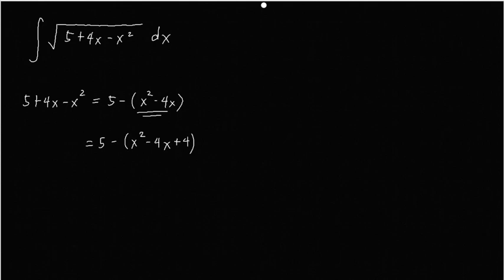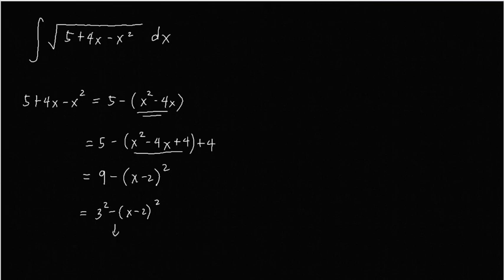So to counteract that, we add 4 to the entire system so the value stays the same. So 5 plus 4 is 9, and then this term inside the parenthesis is x minus 2 squared. This can be rewritten as 3 squared minus the quantity x minus 2 squared.